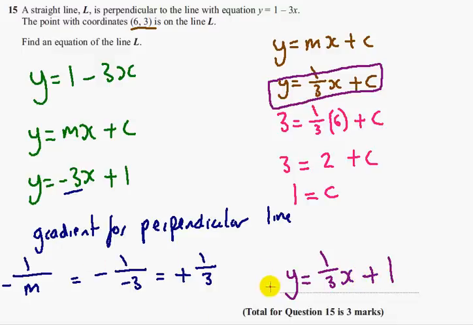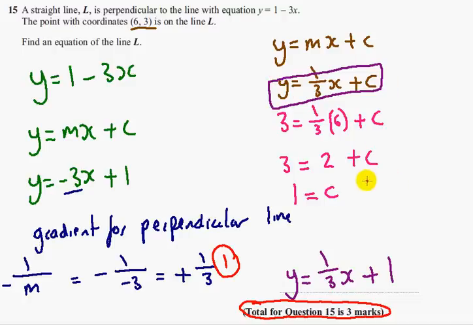So question 15 is worth 3 marks in total, and the first mark comes from finding the gradient of the perpendicular line. If they could see this 1/3, then you'd get the first method mark. The second method mark is for finding c by substituting this coordinate, the x and the y value, into here.